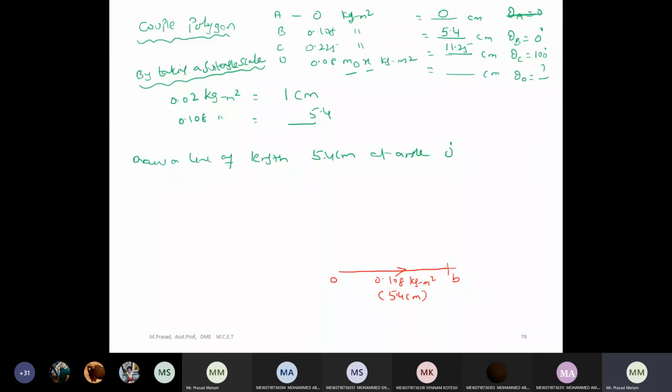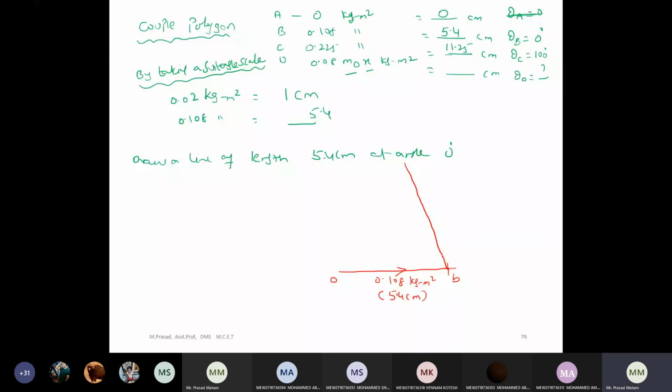From plane B, what is the angle? Okay, just take this as a reference point. You got my point. This makes 0 degrees, this makes 90 degrees. So from point B, making an angle of 100 degrees, draw a line of length 11.25 centimeter. Okay, I am drawing randomly, but you draw with the help of the protractor.